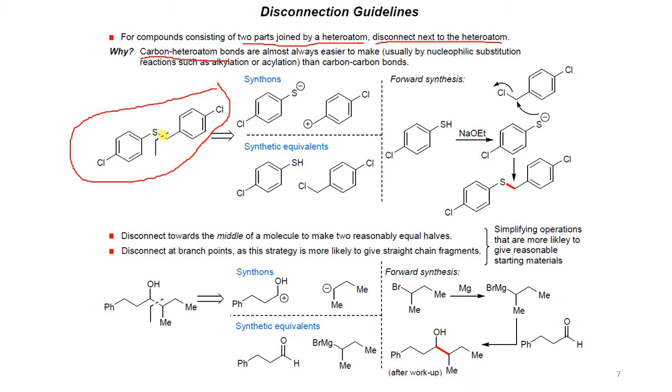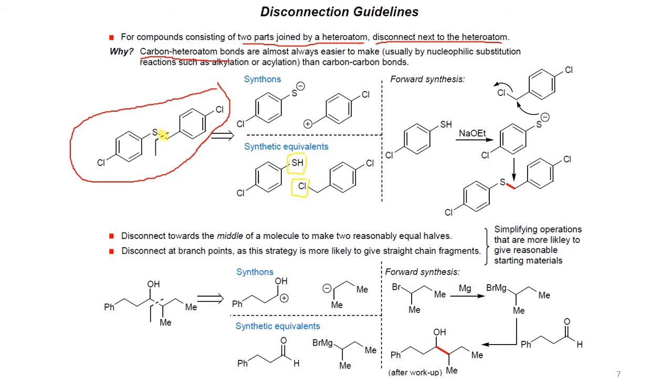When you break it down, it will give you a pair of synthons. This becomes minus, this becomes positive. When it is minus, it can be complemented with hydrogen. When this is plus, it can be complemented by Cl.